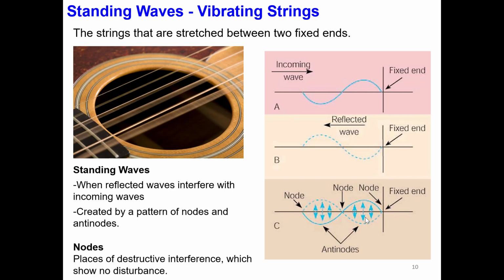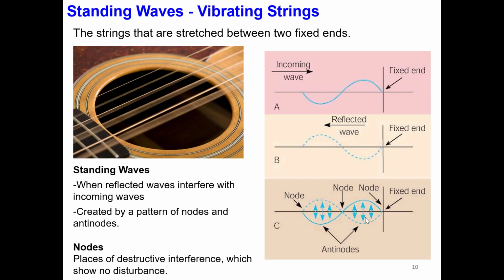Then the pattern of the nodes and antinodes depends on the tension of the string, on the frequency of the vibration, and on whether the string is thick or thin.